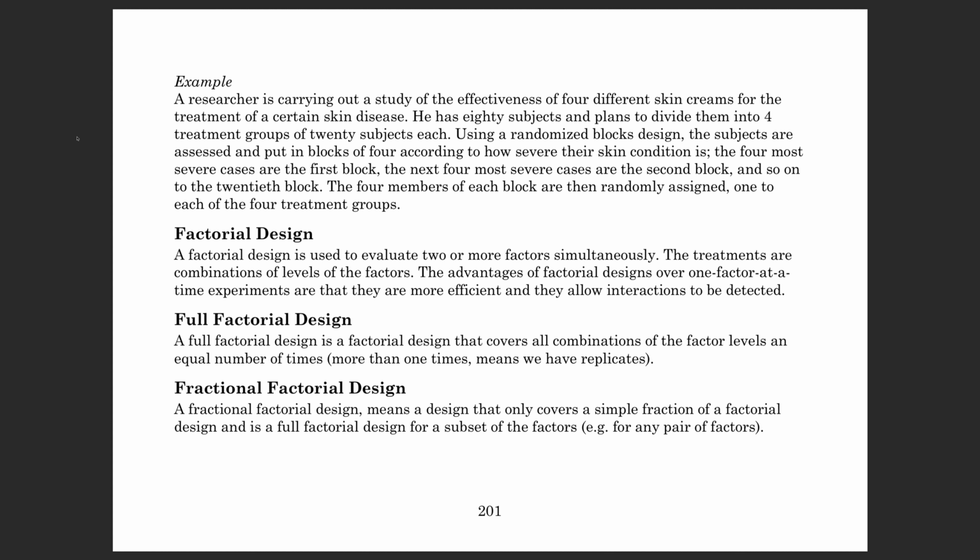So for example, it could be a full factorial for all pairs of the factors, but is not covering all the combinations. So that will have some limitations. It means we won't be able to estimate all the interactions. The more complex interactions we won't be able to include. So that means implicitly we are assuming that the more complex interactions are not important.